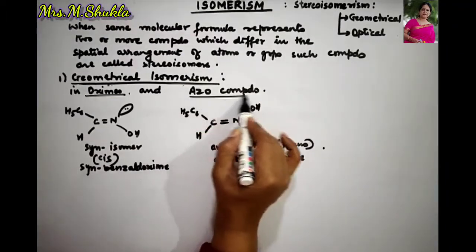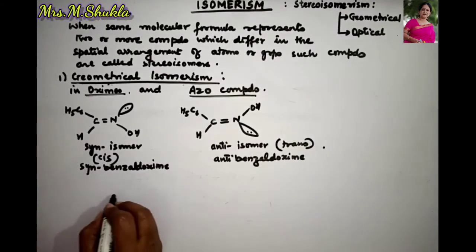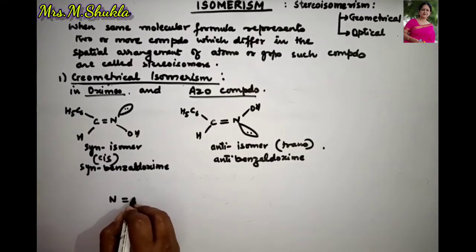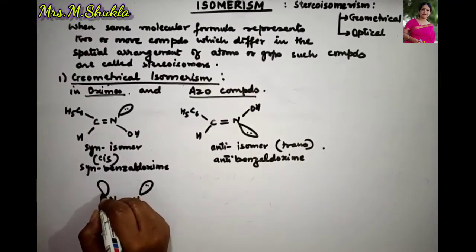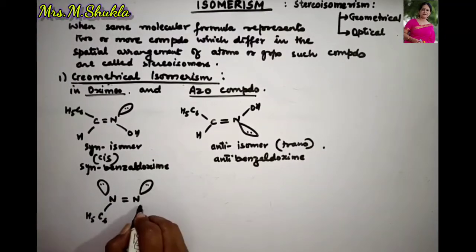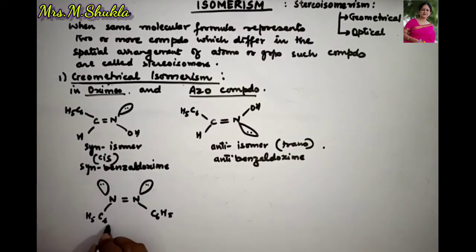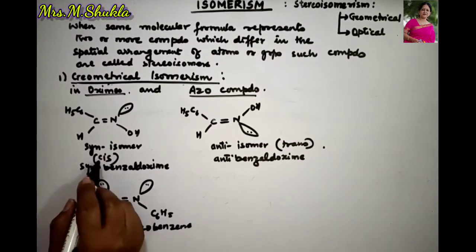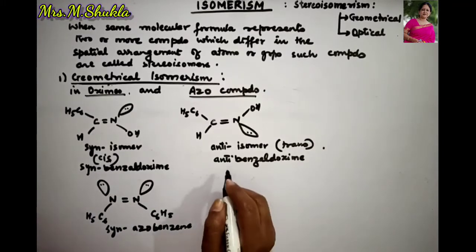Similarly, now let us talk about azo compound. For azo compound, let me draw it over here. It is N double bond N, okay? So here you will see the lone pair, here you will see the lone pair. Here it is C6H5, here it is C6H5. So this is your syn-azobenzene, right? And syn-azobenzene means cis, where on both the sides you will see the similar group or atom.